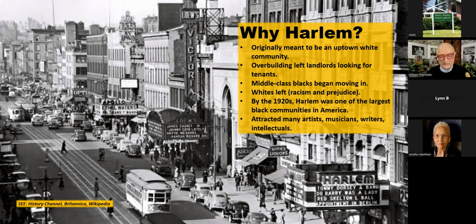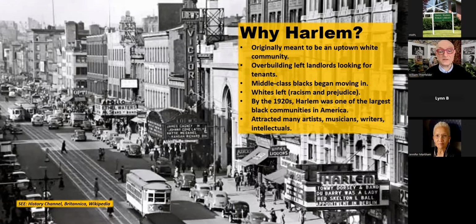But overbuilding in the area left landlords looking for tenants. So middle-class blacks from the South and elsewhere began moving in. Landlords loved it. Hey, you're paying the rent, you're paying our expenses, so come on down. And many of the whites who had originally lived there began moving out. Yes, racism and prejudice was and is everywhere.